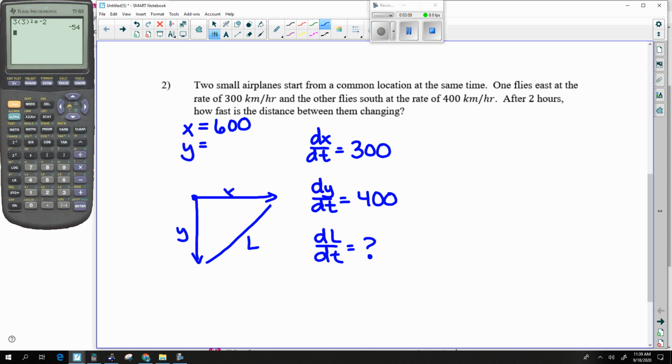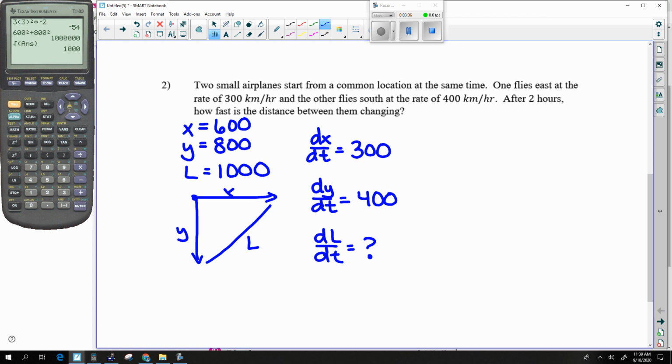The y, again, in 2 hours, would be 800 kilometers. And the specific length at that point is a squared plus b squared equals c squared, so this would be 1,000 kilometers at that moment.